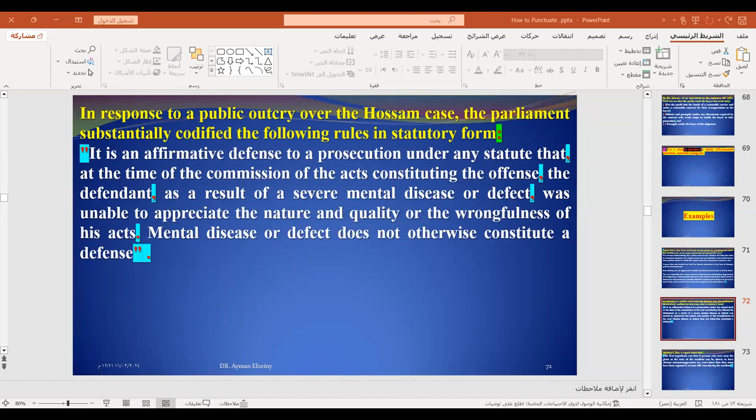Mental disease or defect does not otherwise constitute a defense.